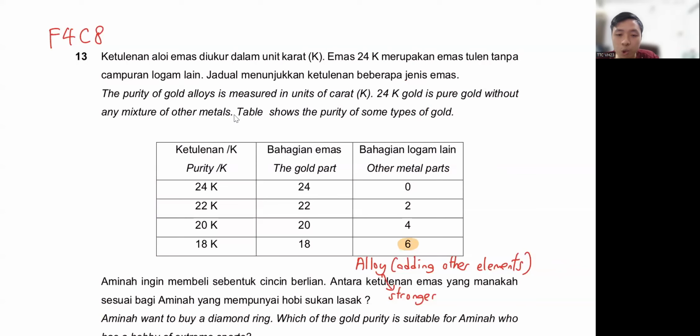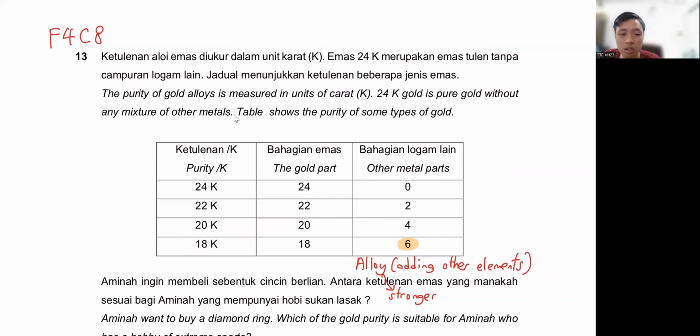So for example, they use gold as an example. So maybe gold is not in your syllabus, but agak-agak if you know what is alloy compared to pure metal. Pure metal is one element only. One element only. For example, if you use iron, then all the particles iron, all the component iron. But what is alloy? Alloy, for example, steel. So steel, you have to iron add carbon, for example.